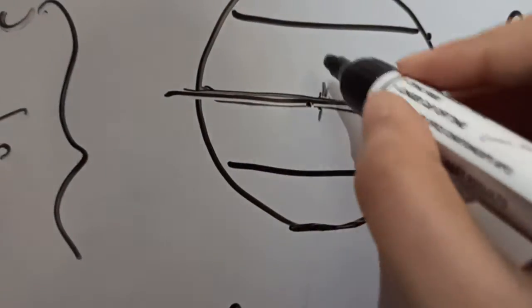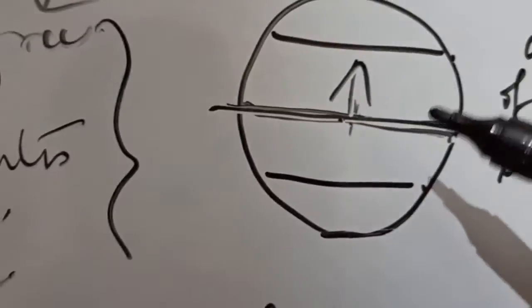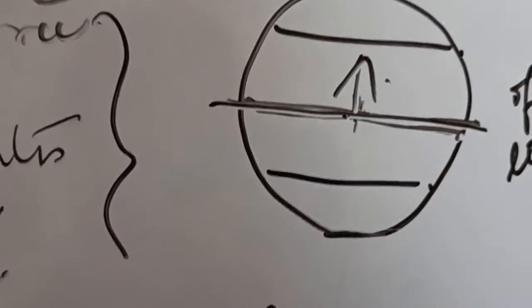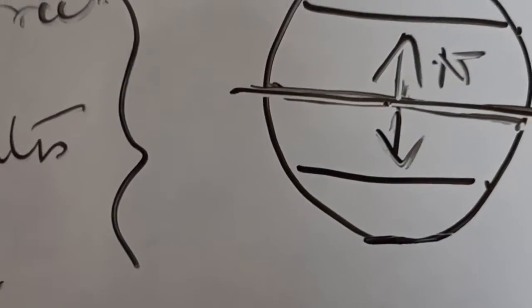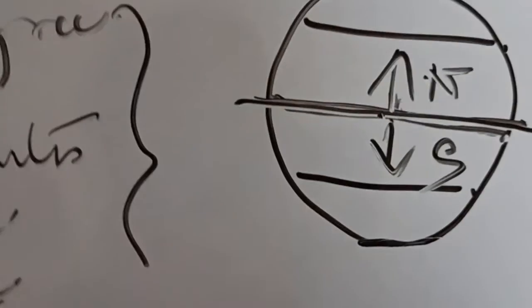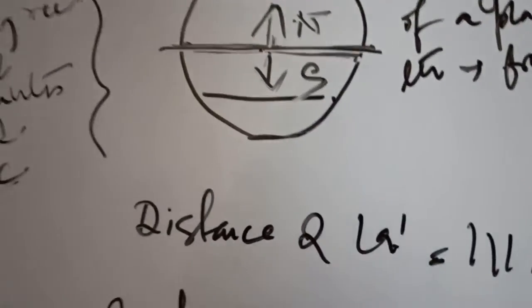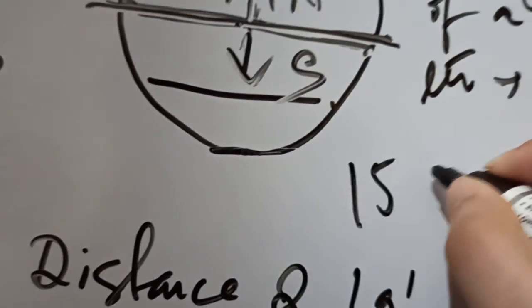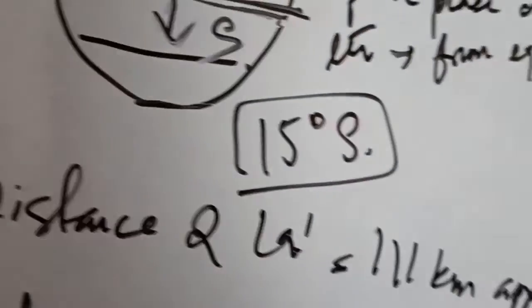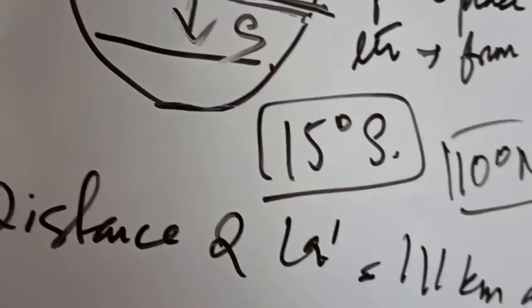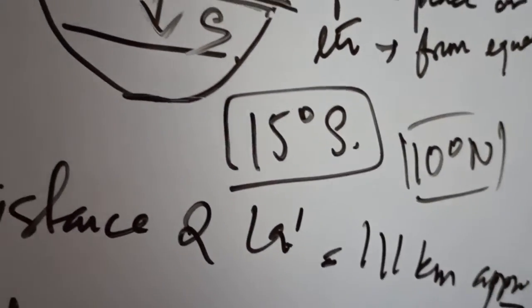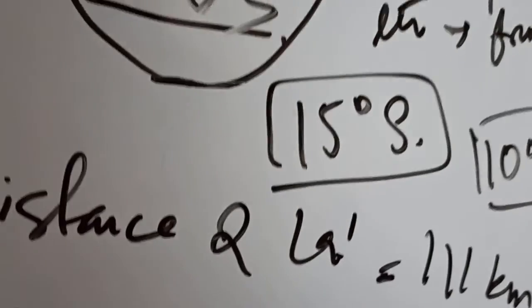All the latitudes lying above the equator, in the northern hemisphere, are denoted by N, and all the latitudes present in the southern part of the equator are denoted by S. If you get a value like 15 degree S, this means the latitude is present in the southern section. If you get a value like 10 degree north, then this latitude is present in the northern part of the earth.